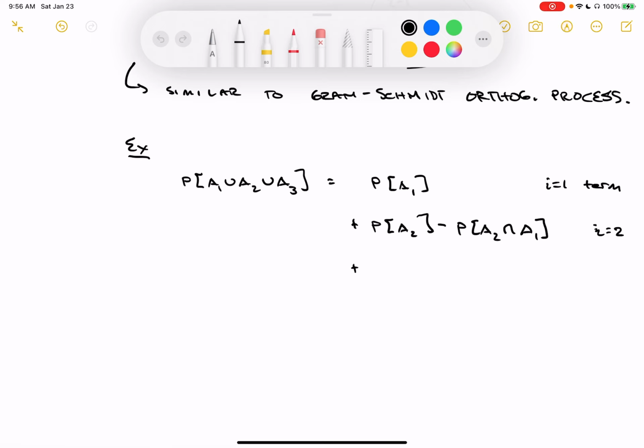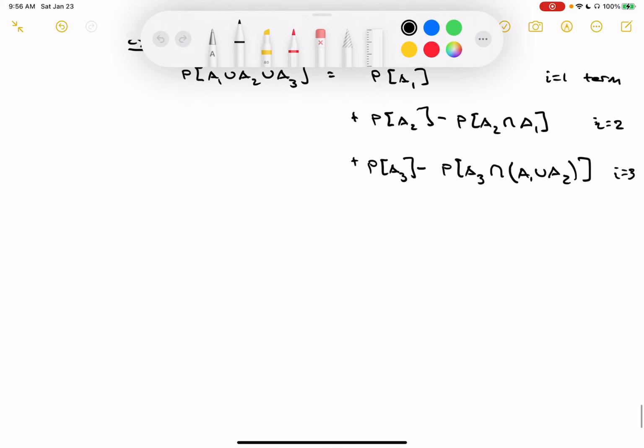I only have to go through 3 terms in that sum. That's going to be probability of A3, and I'm going to subtract from that probability of A3 intersect B3, which is the union of everything up to but not including 3. So that's A1 union A2. That's the i equaling 3 term.